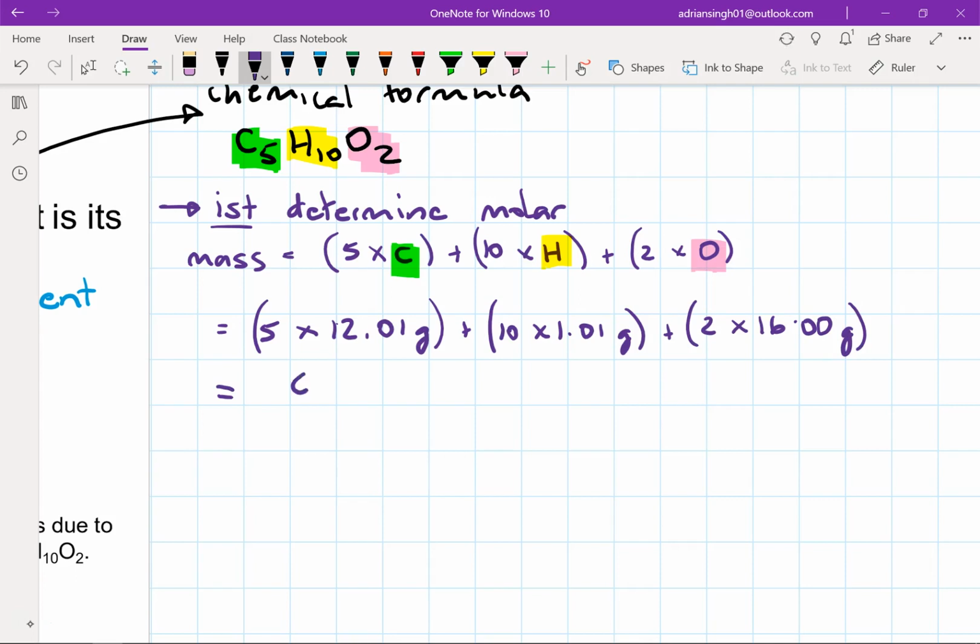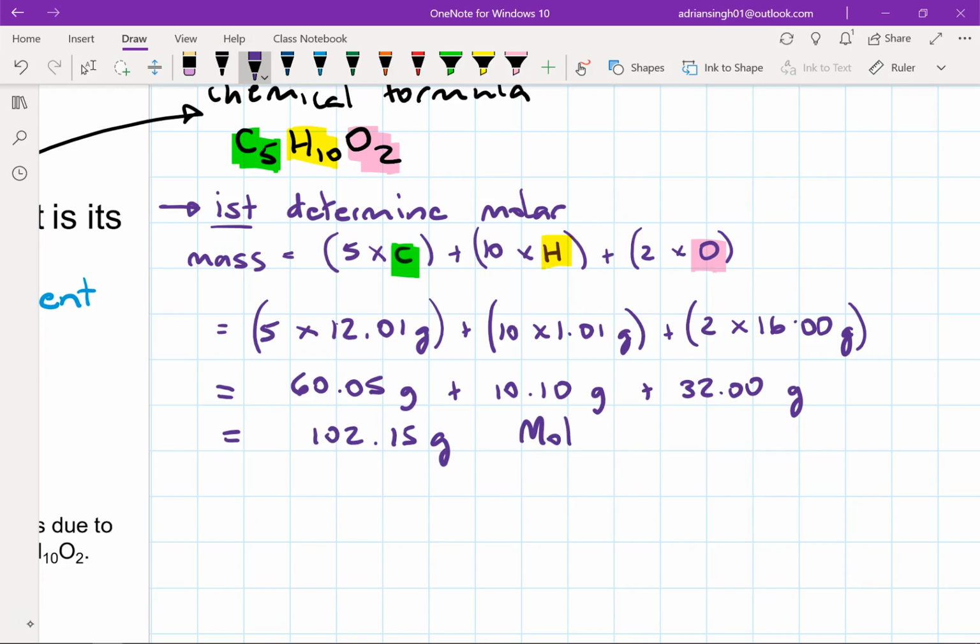So 12.01 times 5 is 60.05, plus 10.10, plus 32.00 grams. That's 60, that's 70, and that's going to give us a total of 102.15 grams. So that's the molar mass for C5H10O2.